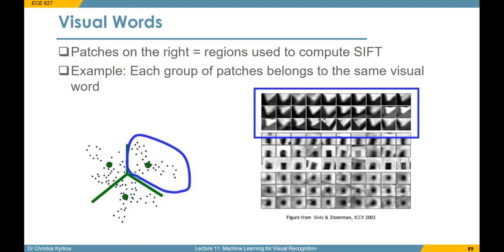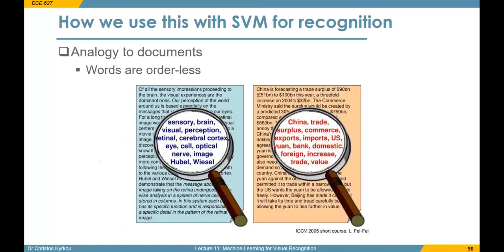This basically gives us a mapping of the patches into the visual word space. And it's analogous to comparing documents.